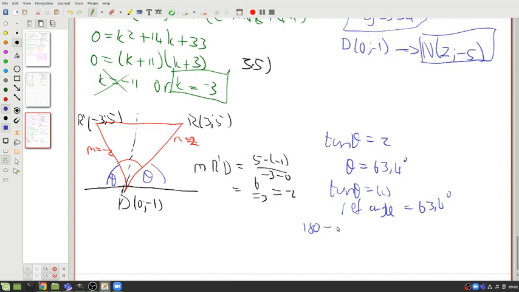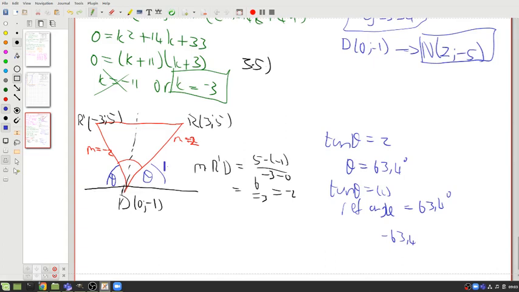That gives us negative tan, because it's in this quadrant where tan is negative. So that'll just be negative 63.4. That's all we need. The negative just means going clockwise, really. That's just what negative means.